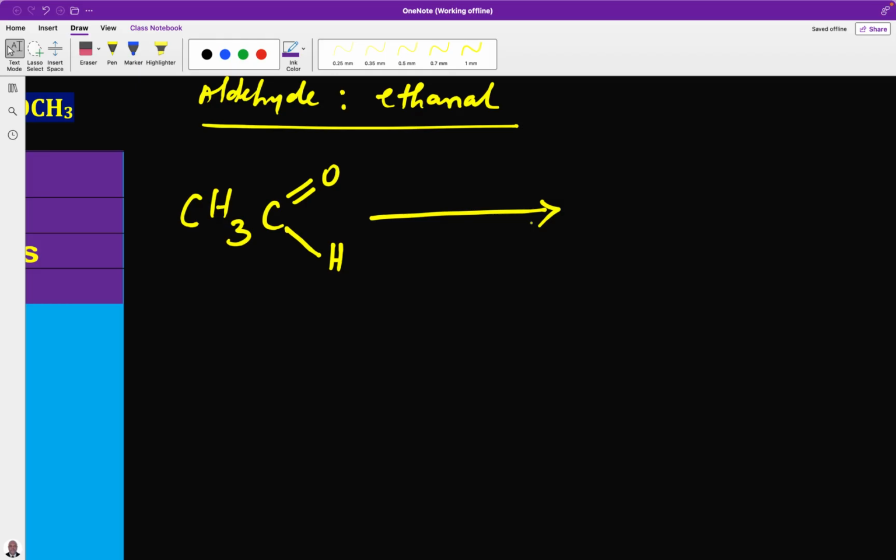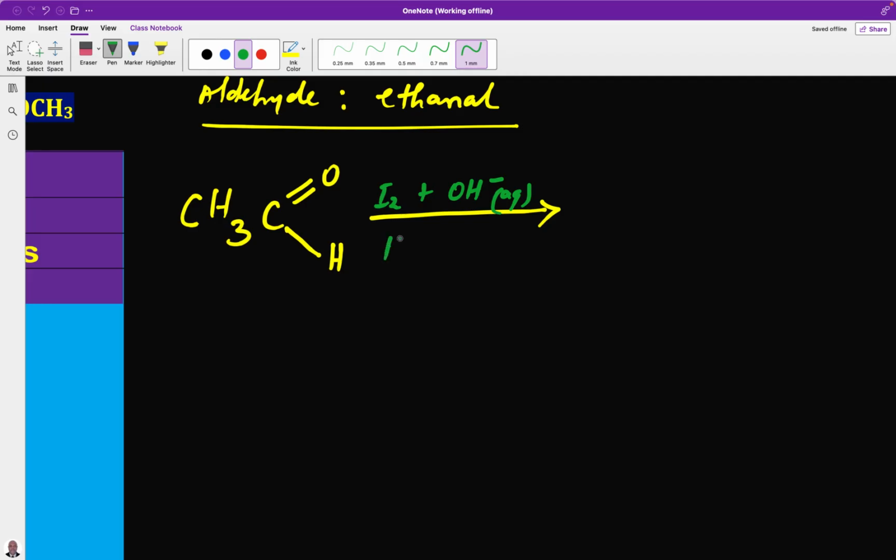In this case, we will have alkaline aqueous iodine. That is, iodine plus alkaline aqueous iodine.